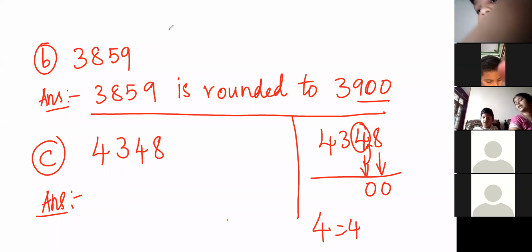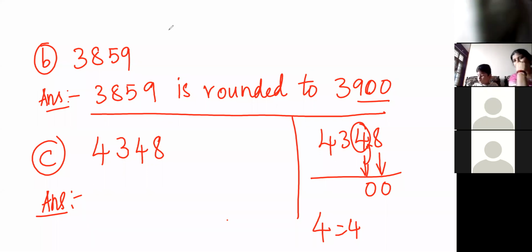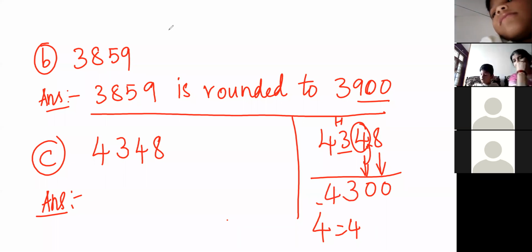That means if a number which exists in the tens place is equal to 4 or less than 4, then no need of adding anything in the hundreds place. Simply the number remains as it is. Got it? So the answer is what? 4,300.